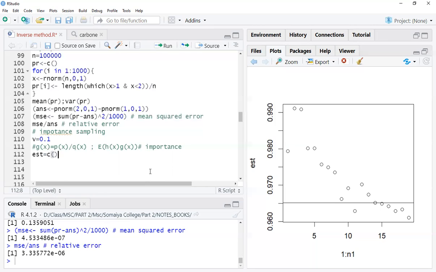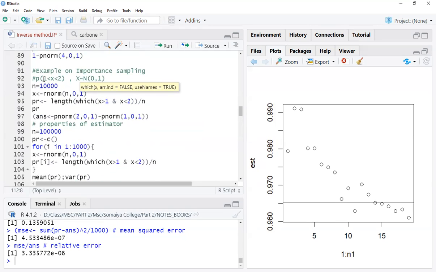Here also we need to create a loop, so we need to create the estimate value under x generating from, whatever probability you're generating between this, else the probability becomes 0.